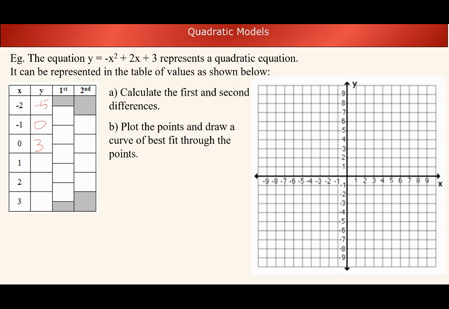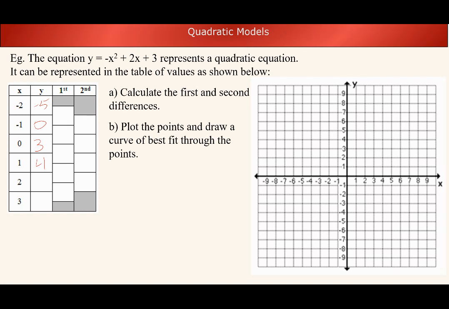Now I've got to put a 1 in, negative 1 squared plus 2 times 1 plus 3 gives me 4. I'm just going to double check that one because it takes a weird sort of jump there. So negative, then 1 squared plus 2 plus 3. No, it gives me 4 again.